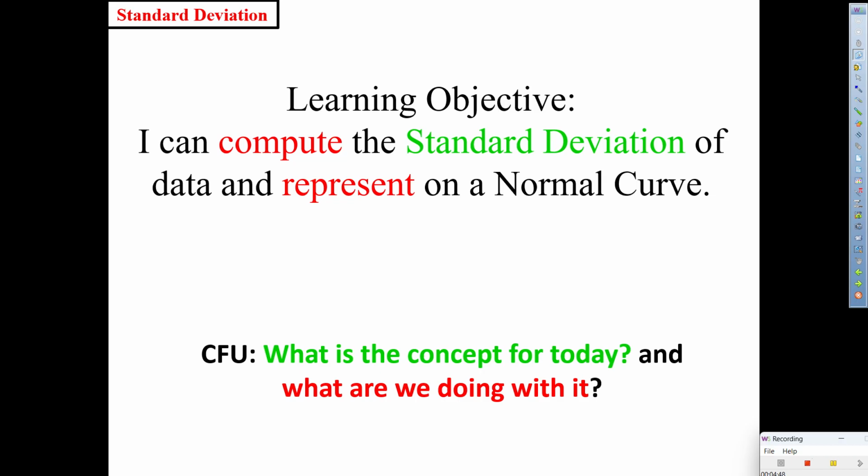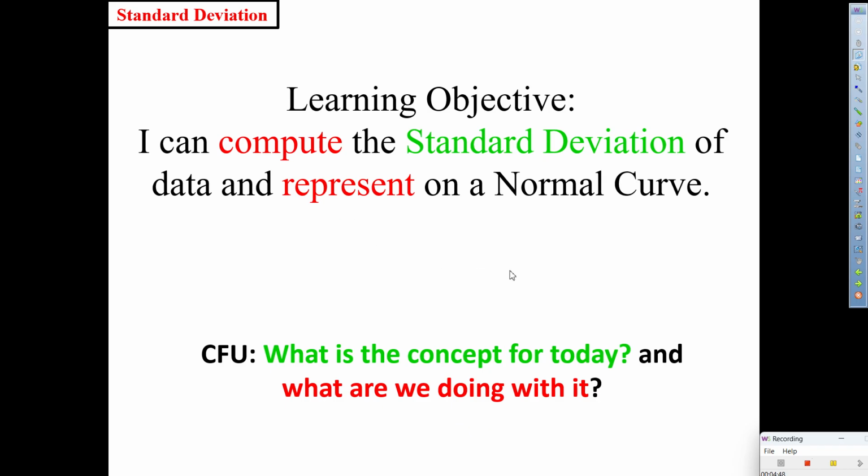I'm just adding little layers to it, little by little. We already know how to do the process to find it. Today we're going to apply it to a word problem and go to graph it. So our standard for today is standard deviation, or our concept for today. What are we doing? We're computing and representing.